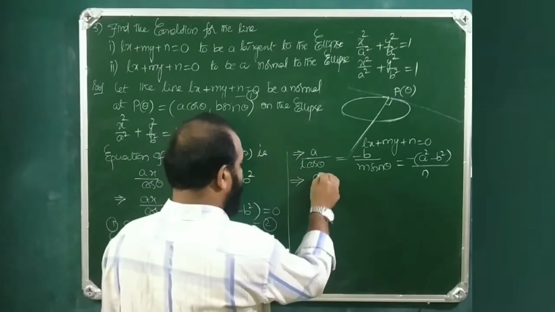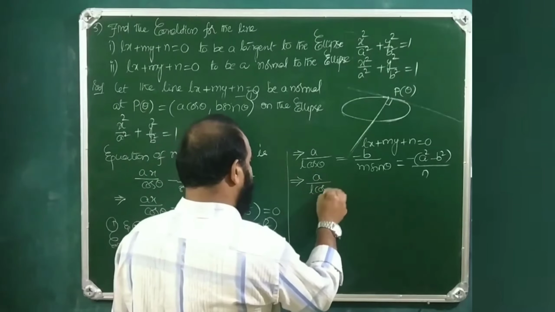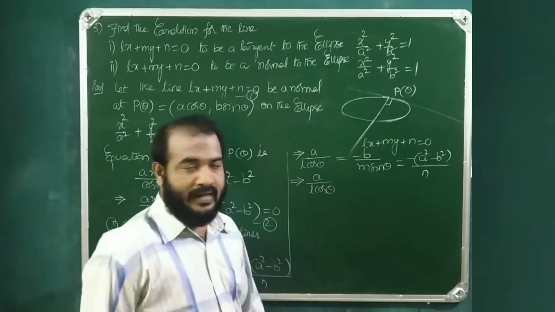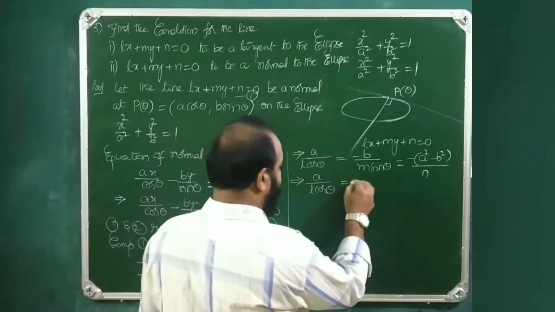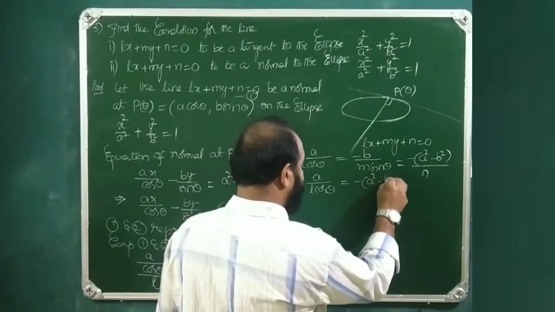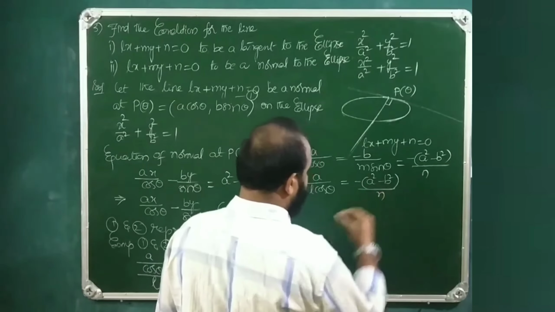So from this, a by L cos theta, first and last I'll compare, is equal to minus of a square minus b square by n.